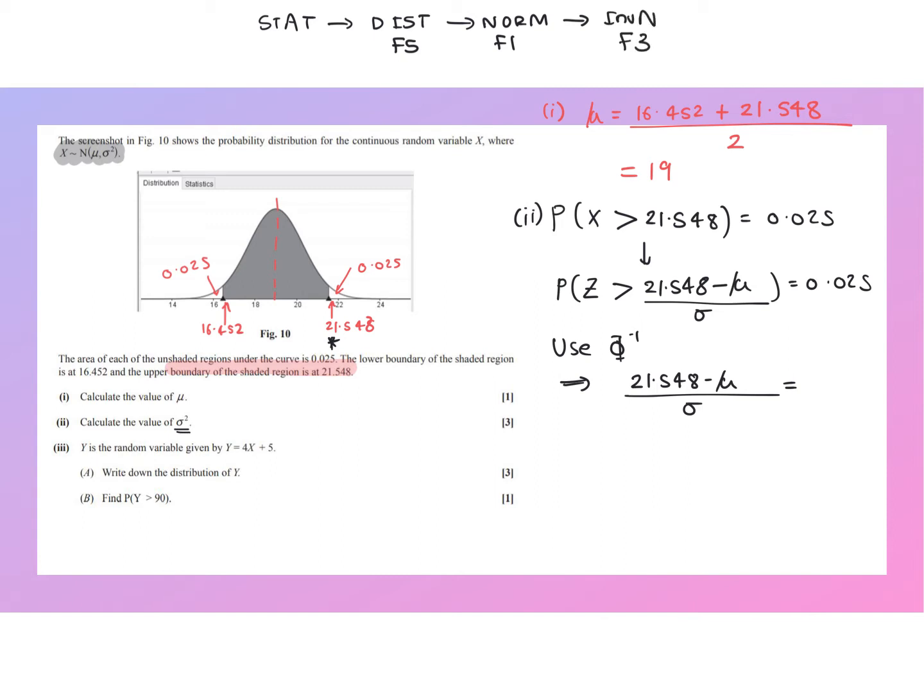Now, the options that we have there, we need to make sure we have variable. Now, our tail is going to be the right-hand tail because we're working with this region over here, which is on the right-hand side. So that's the right tail. And the area is the probability associated with that tail, which is 0.025.